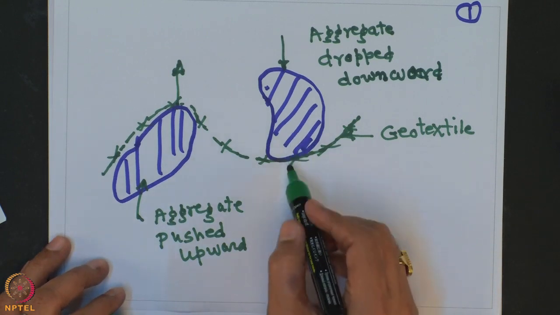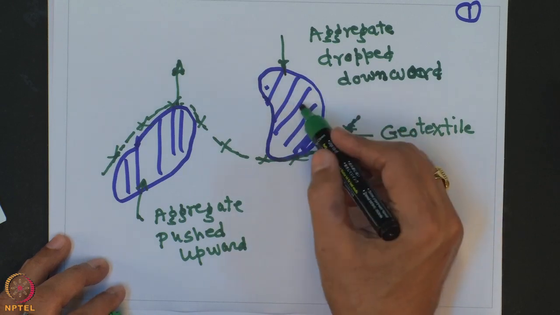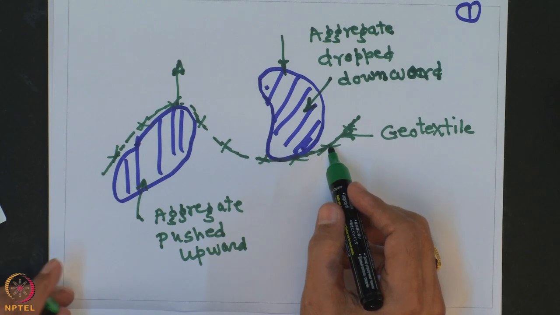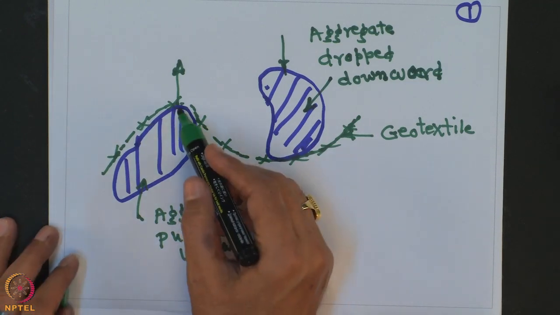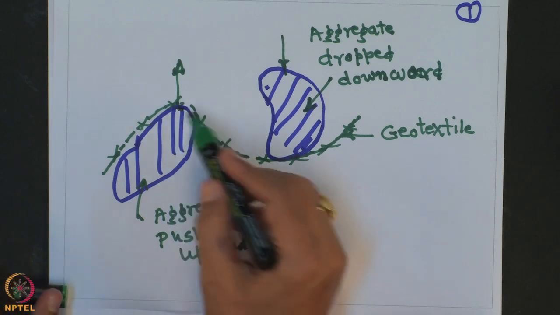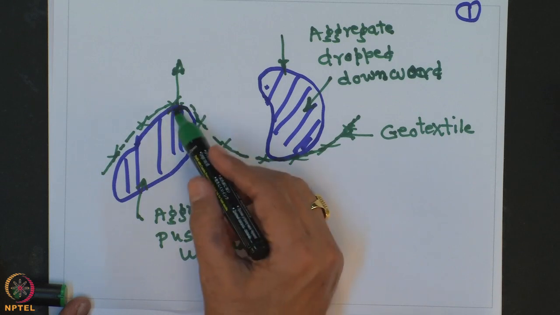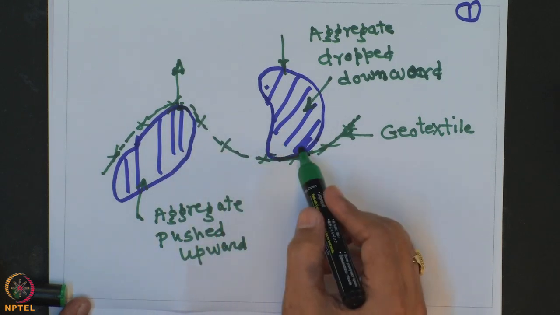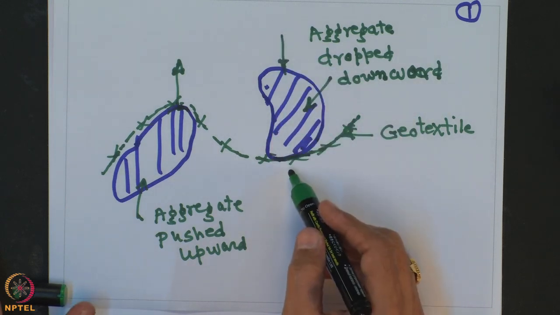When this aggregate is dropped downward, it may be an angular, very sharp kind of aggregate, or the other may be a flat type of aggregate, which drops in the downward direction.